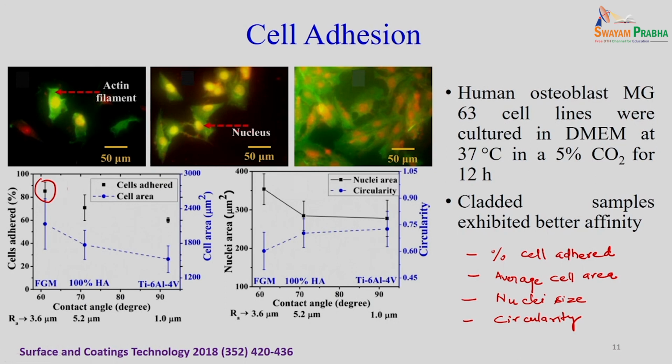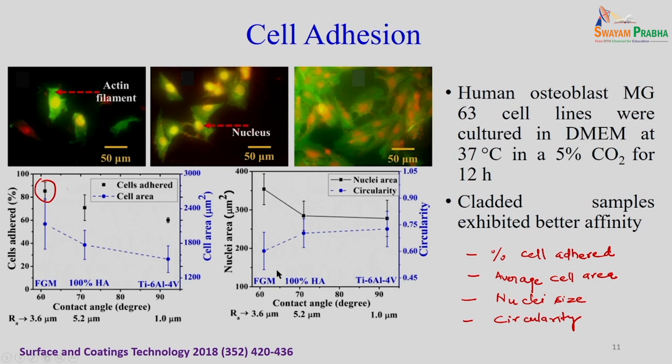Now, if you see the nuclei, as the cells are growing, the size of the nuclei is also growing on the coated surface, and as you see the cell circularity is decreasing. The decrease in the cell circularity means more proliferation, more growth.